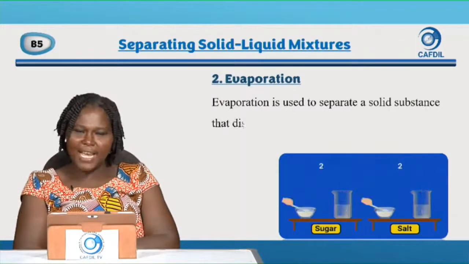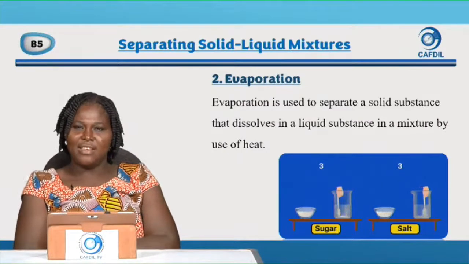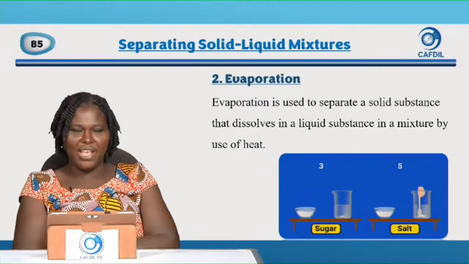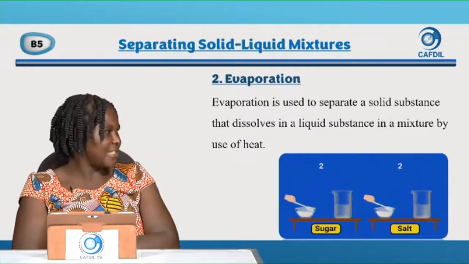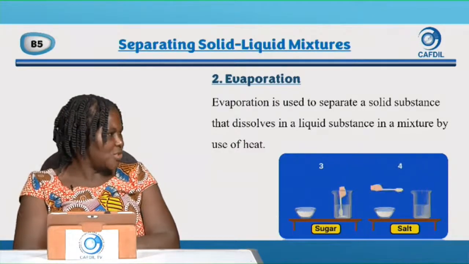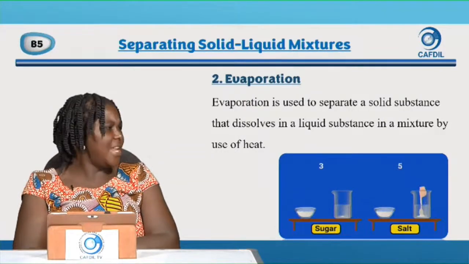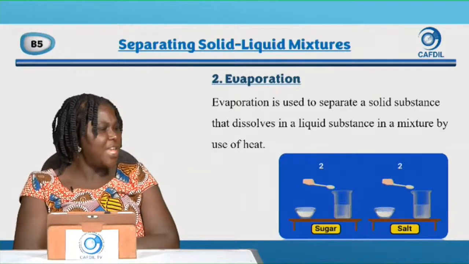So the second method of separating mixtures is evaporation. Let's all say it. Evaporation. Now, what is evaporation? Evaporation is used to separate a solid substance that dissolves in a liquid in a mixture by use of heat.